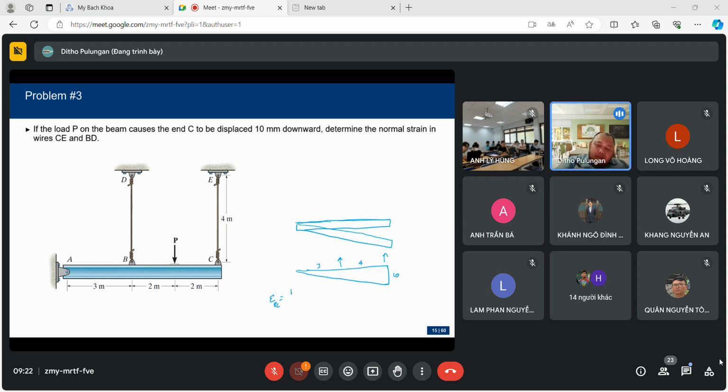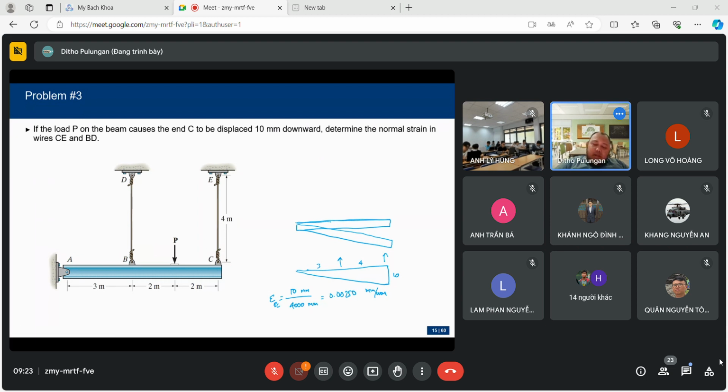Delta is 10 millimeters divided by the initial length from C to E, which is 4,000 millimeters. This is the strain. Okay, clear? Which is in this case 0.0025 millimeters per millimeter.